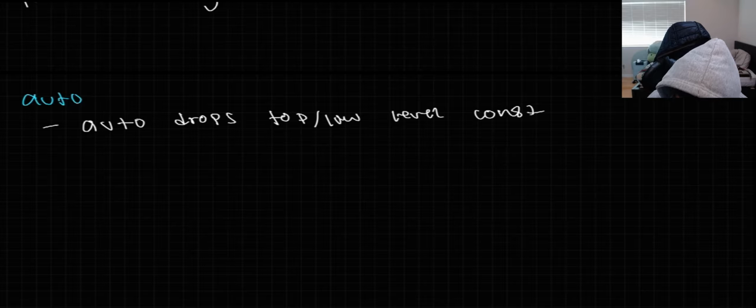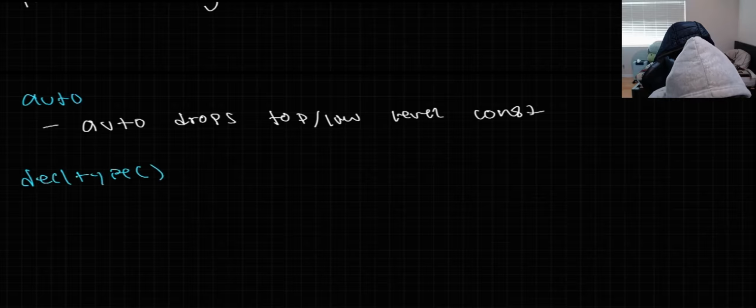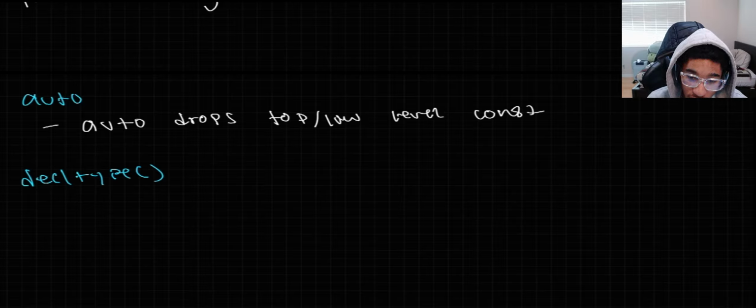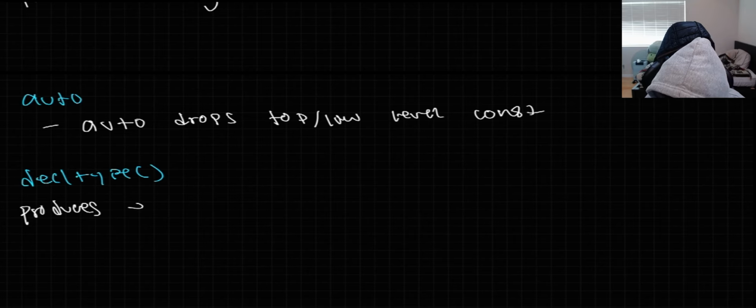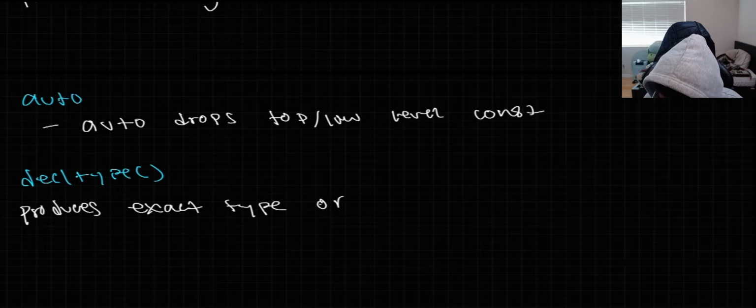And declare type reports either the type exactly, or it produces a reference of type T of whatever is inside the parentheses. Produces exact type or reference to the type.